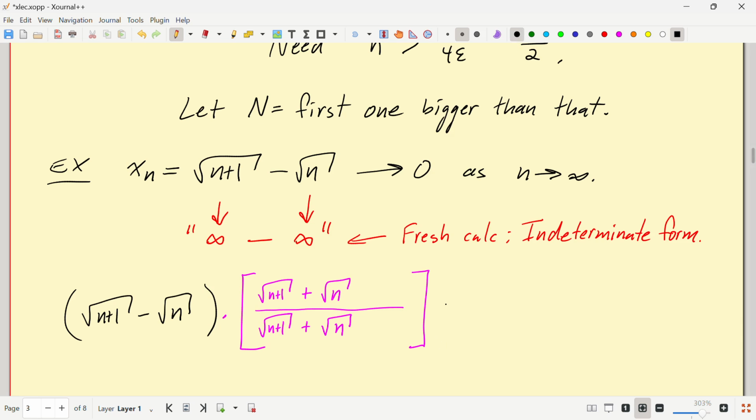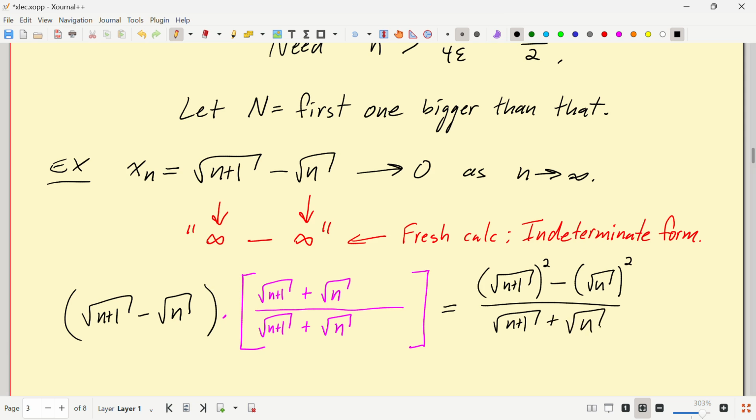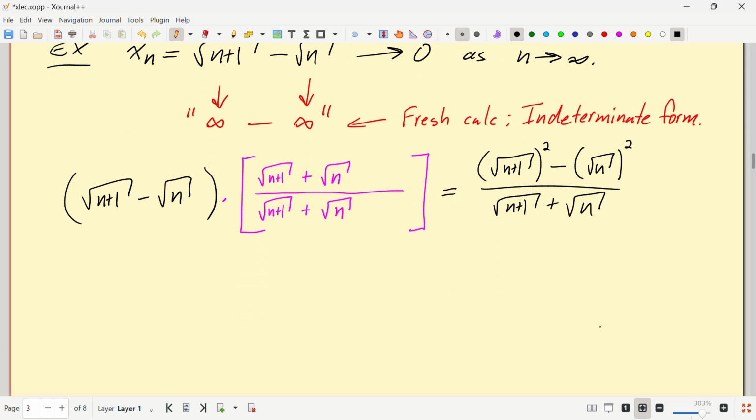On the top then, I would get square root of n plus 1 squared minus square root of n squared, over the denominator. And of course the thing on the top is n plus 1 minus n, which is 1.